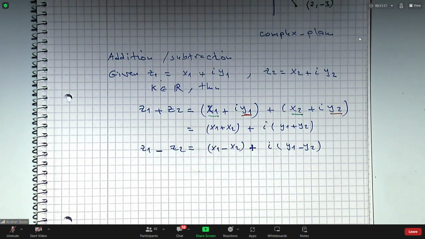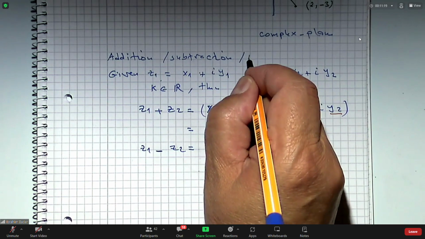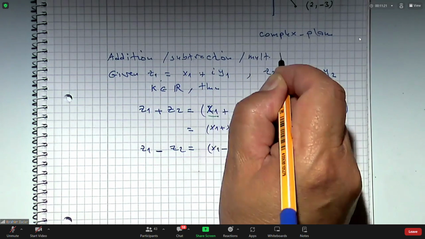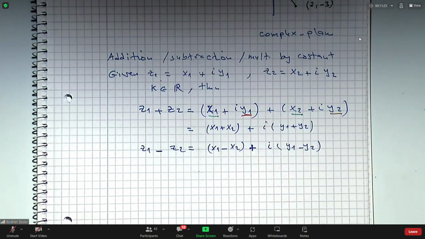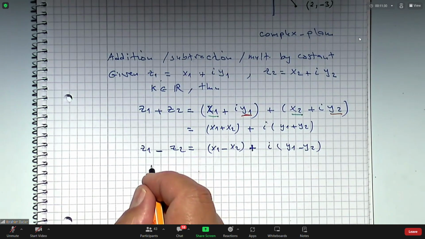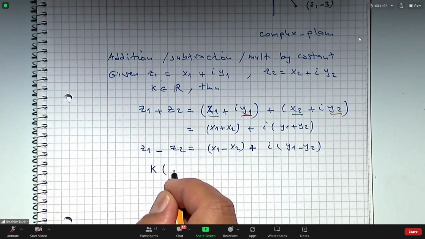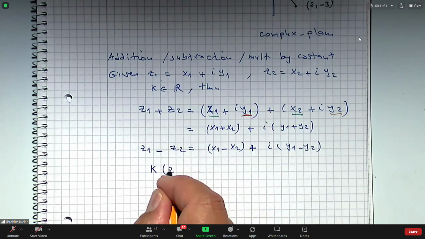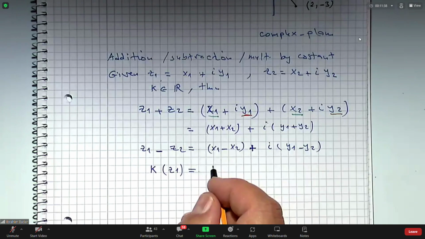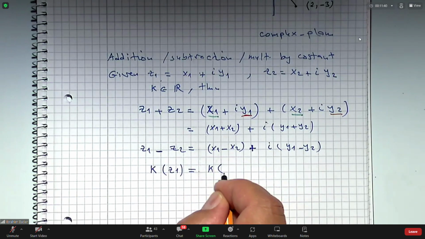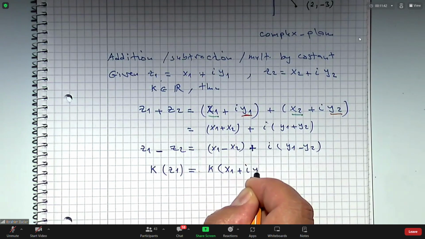And here, let's add multiplication by a constant. Multiplication by a constant is also straightforward, just similar to a scalar multiplying a vector, as we did before. So k times x1 plus i y1.